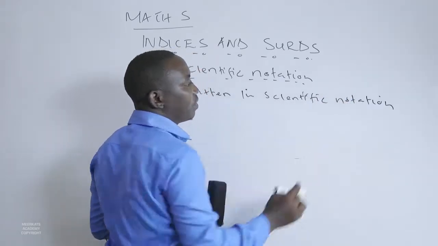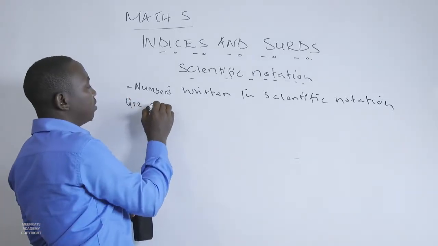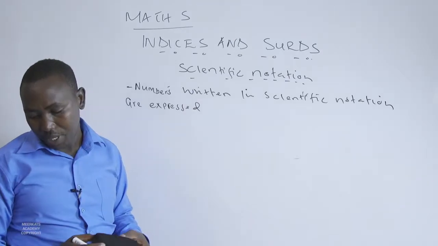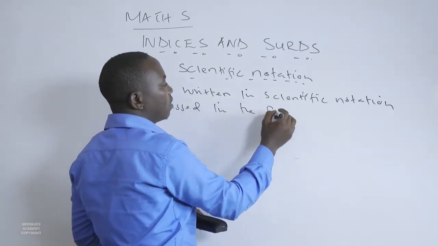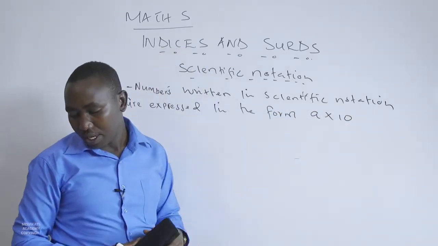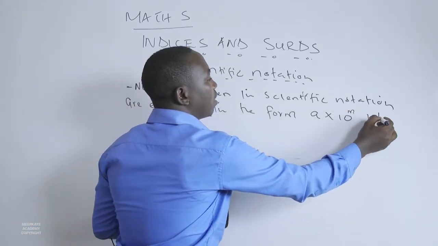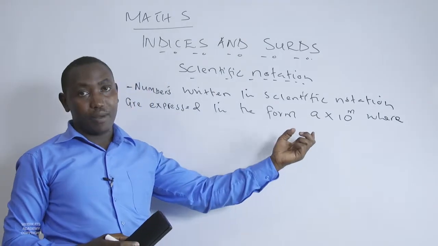They're usually expressed in the form a times 10 raised to m, where now you have to be very careful with your a.